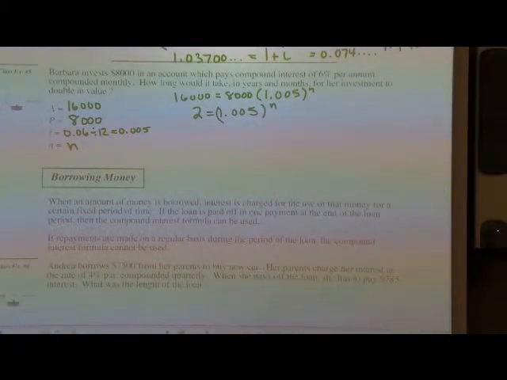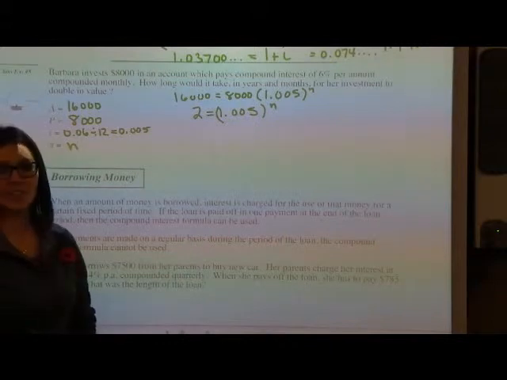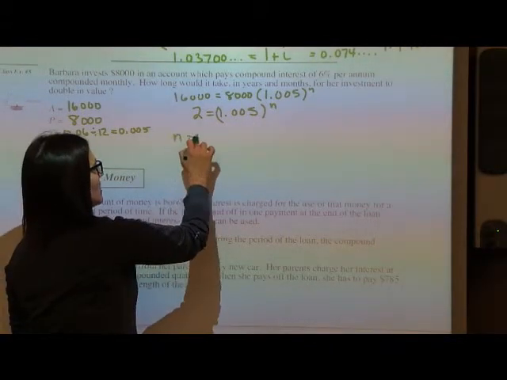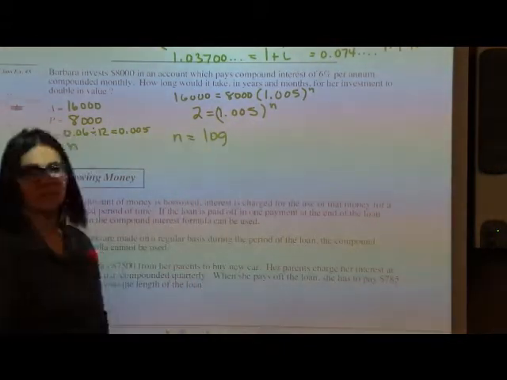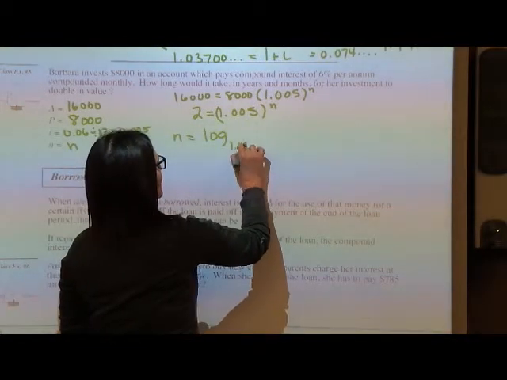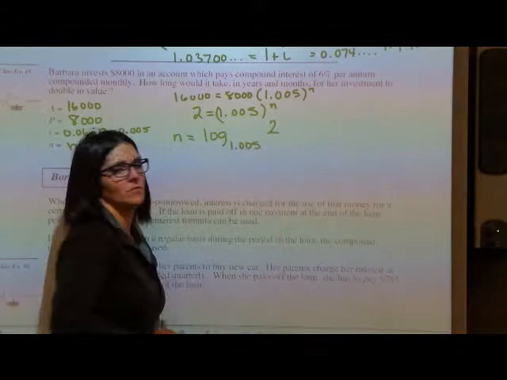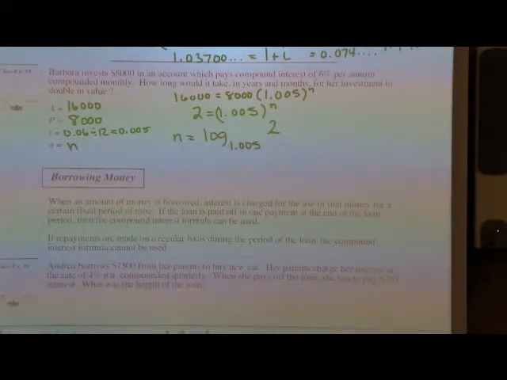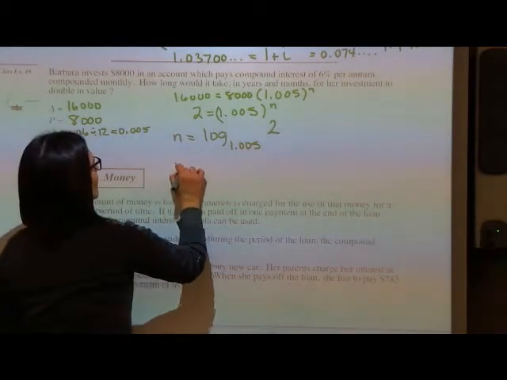Turn it into a log. Good job. Turn it into a log. So this would become n equals, what's the base of my log? Log base 1.005. And my argument is 2. So then how do I put that into the calculator? Log 2 divided by log 1.005.